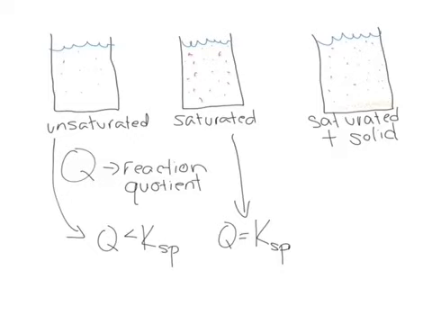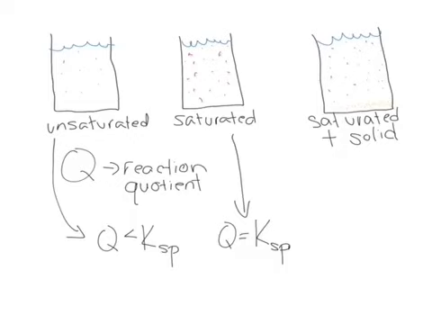Just before it started to form, you had a fully saturated solution, which is when we were at equilibrium. So if your Q is equal to your KSP, you are just on the edge of being able to form solid, but you are at a saturated solution. You've maxed out the amount of ions that can go into solution at that temperature.